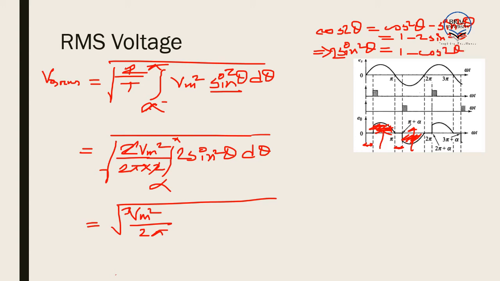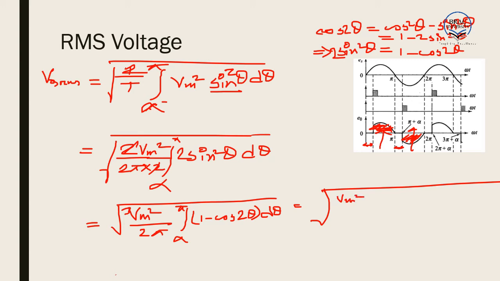So we can write the integration from alpha to pi of 1 minus cos 2 theta d theta. We can modify this as root over Vm square by 2 pi, theta minus half sine 2 theta, from alpha to pi.